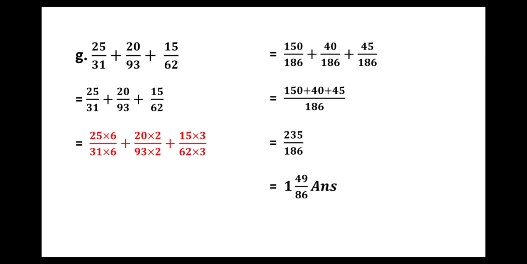So after the division, we get 1 whole 49 upon 186. So this is the answer of the G part. Okay. So this is the H part of question number 4. 4 whole 5 upon 8 plus 2 whole 1 upon 16 plus 7 whole 3 upon 4.